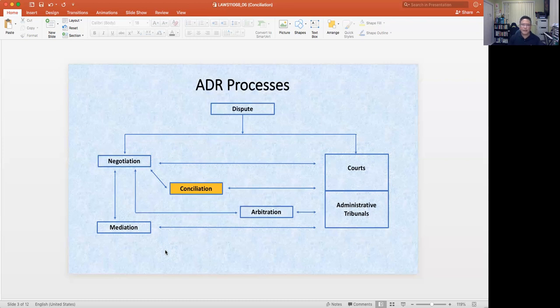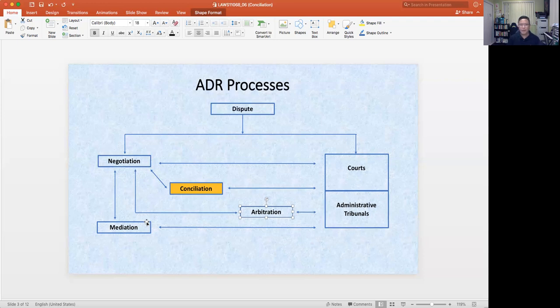Okay, so we've covered that. Now, we've also covered arbitration. You would notice that in the context of arbitration, if the parties fail to reach an agreement by negotiations, they would typically go to arbitration, although again, it's possible for the parties to negotiate, then mediate, and then go to arbitration.